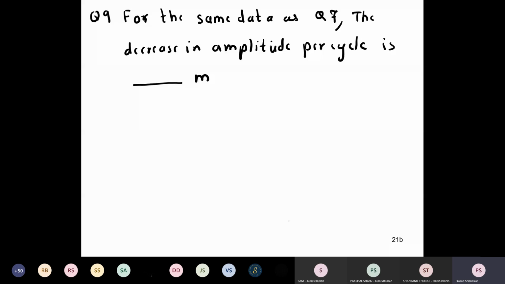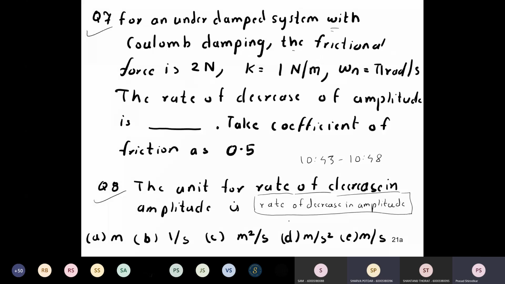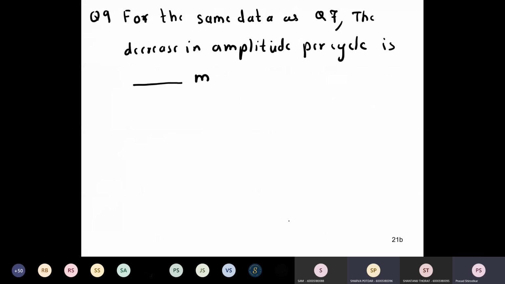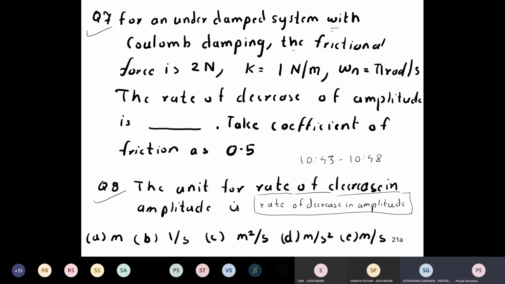Sir, can you just show question 7 again? You have 1 more minute to finish the quiz. Can you show the 8th question? Previous slide. Yes, it is on the screen.